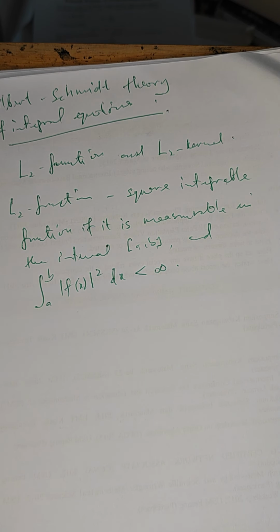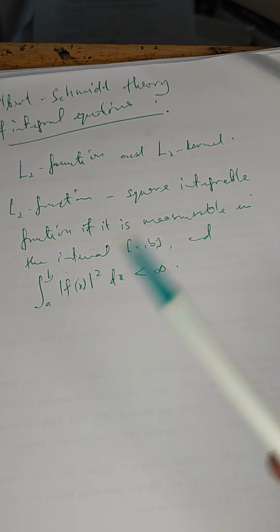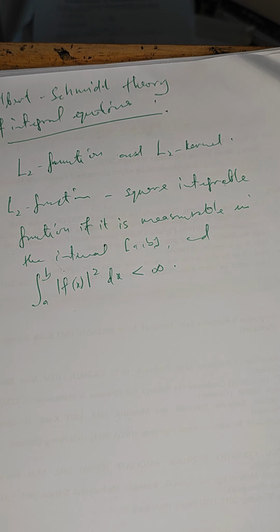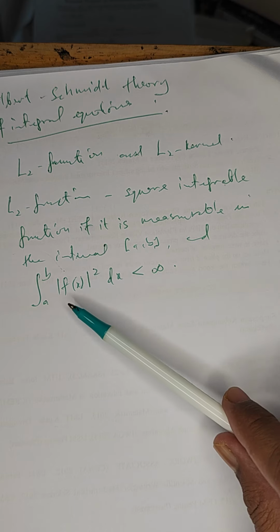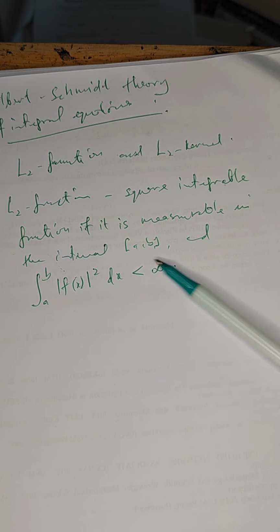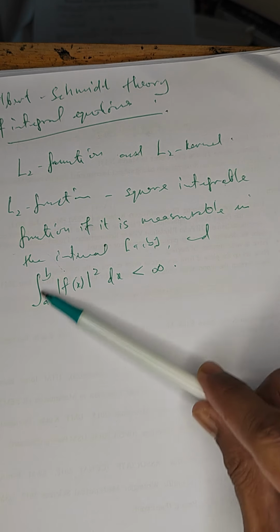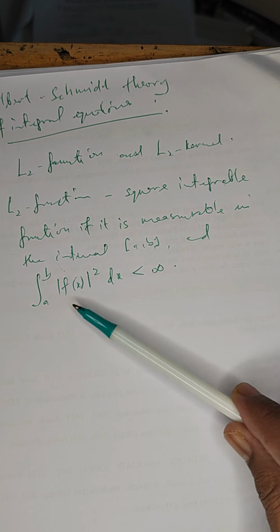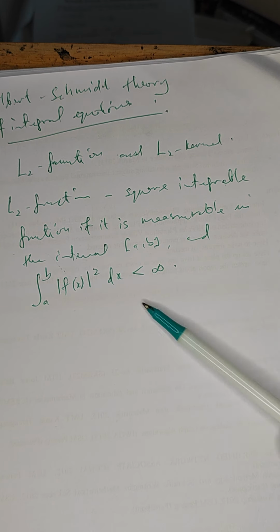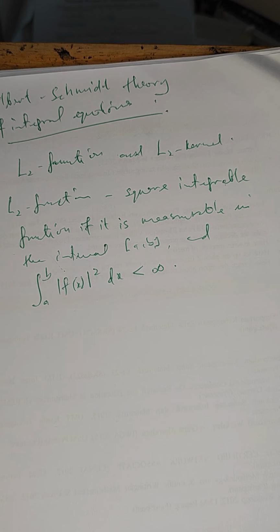So if we say L2 function, then that function is a measurable function and satisfies that integral. We integrate the absolute value of f(x) squared dx, which gives some number.